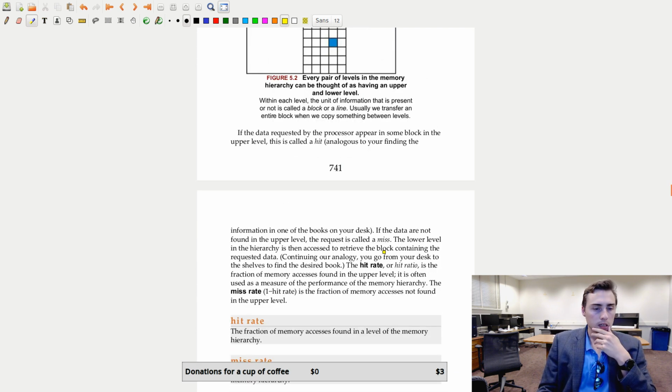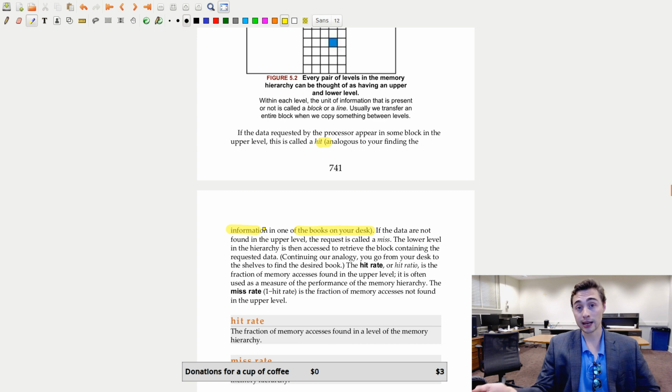If the data requested by the processor is in some block in the upper level, it's called a hit. This is the same as if we had a book on our table and we found the information that we wanted in that book. That would be analogous to a cache hit.